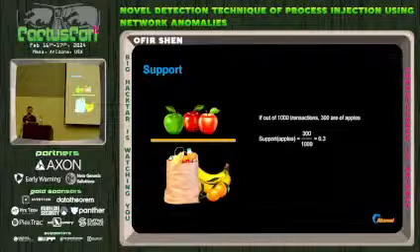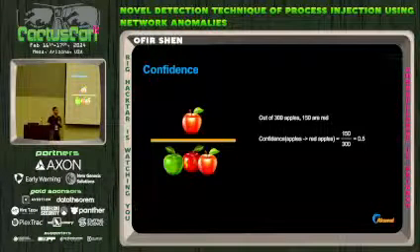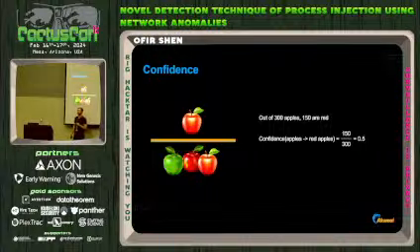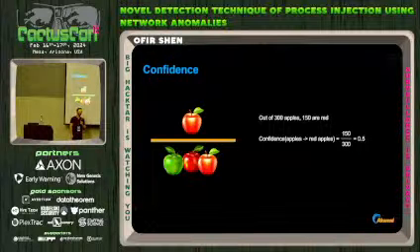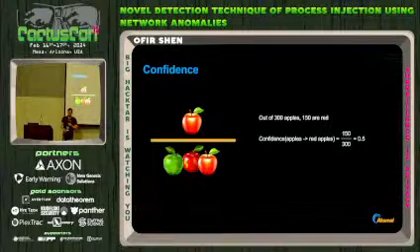And regarding confidence, if out of these exactly the same 300 apples, half of them are red, then the confidence of apples towards red apples is going to be 1/2. So 150 divided by 300, so 50%.